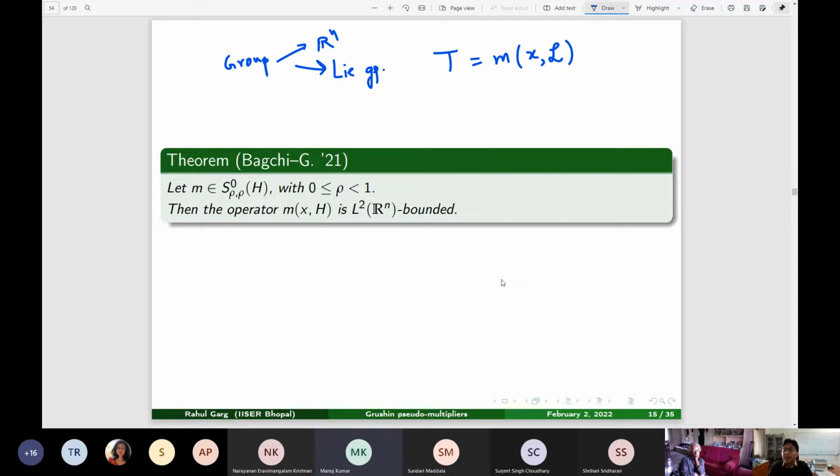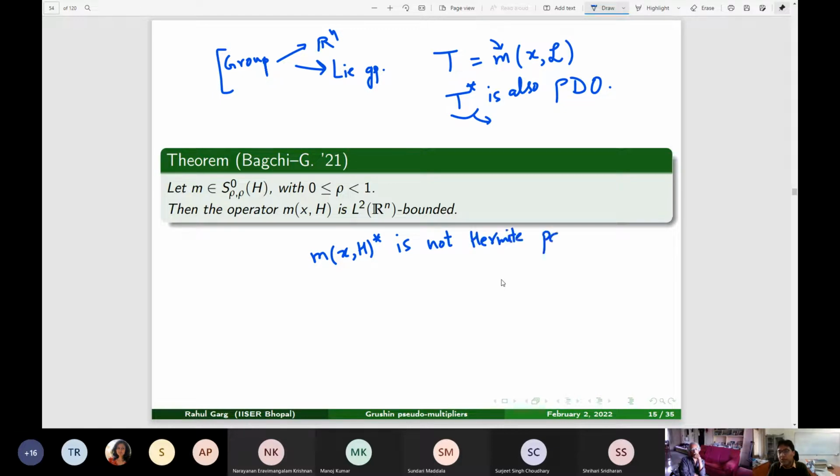If you are starting with a pseudo-differential operator T, it turns out that T star is also a pseudo-differential operator. And whatever the symbol conditions for T are, they reflect in the symbol conditions for T star as well. There is trouble the moment you leave the group setup. The moment you go to Hermite and beyond, it's known and it's written in the work of Bagchi and Thangavelu in 2015: if you are working with Hermite pseudo-multipliers, then its adjoint is not a Hermite pseudo-multiplier.